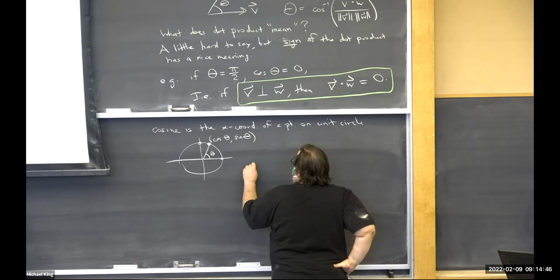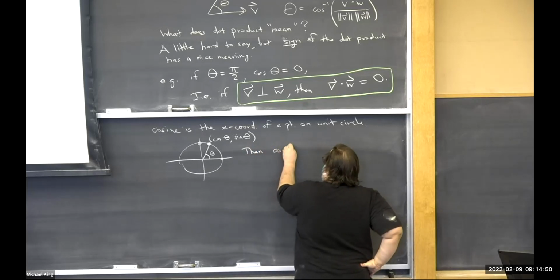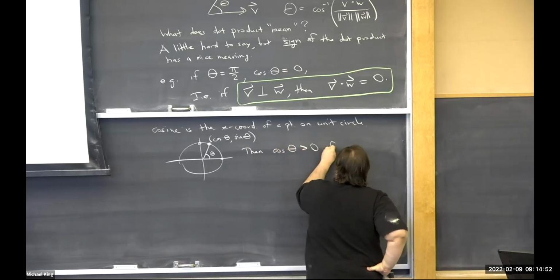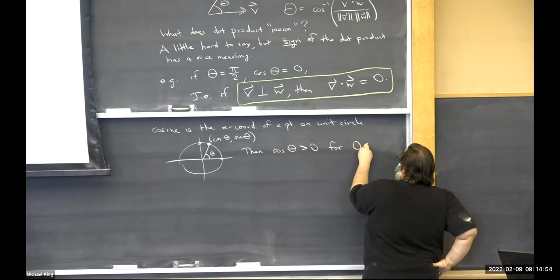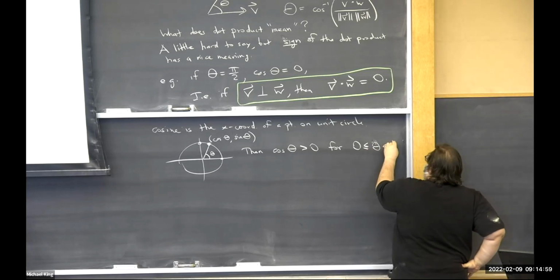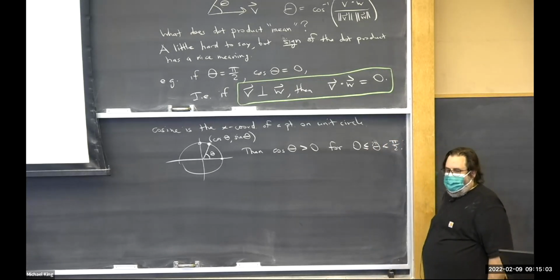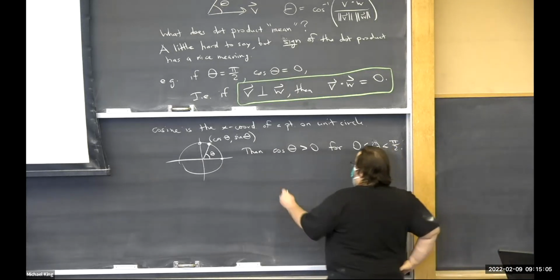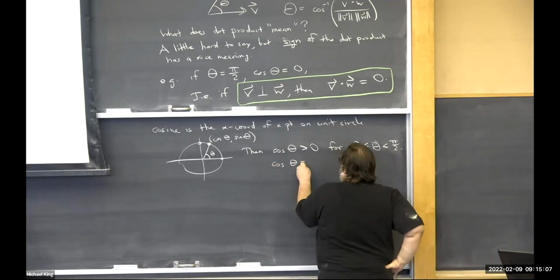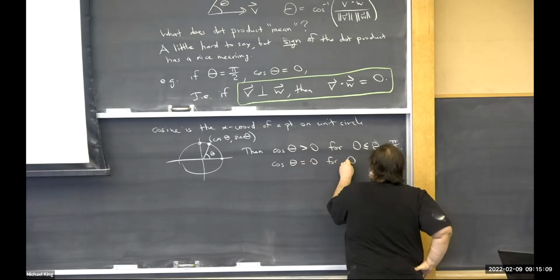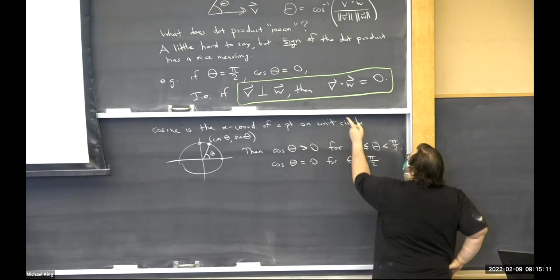So right, let's see. Cosine of theta is greater than 0 for 0 less than or equal to theta less than pi over 2, right? Cosine theta equals 0 for theta equals pi over 2. That's what we were saying just right there.